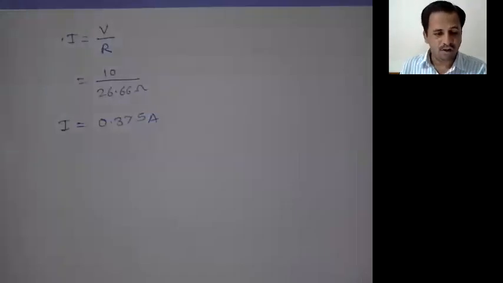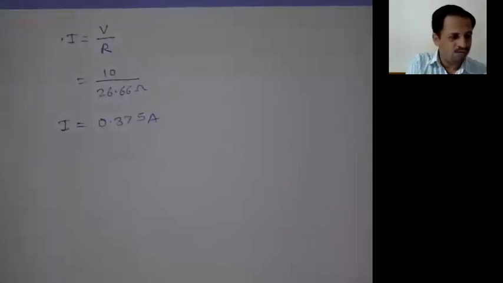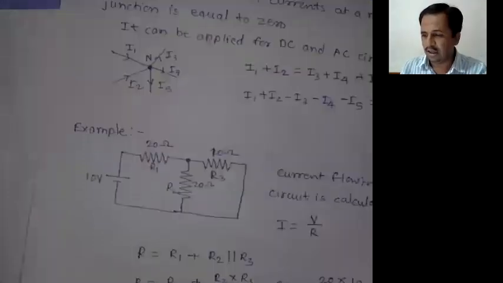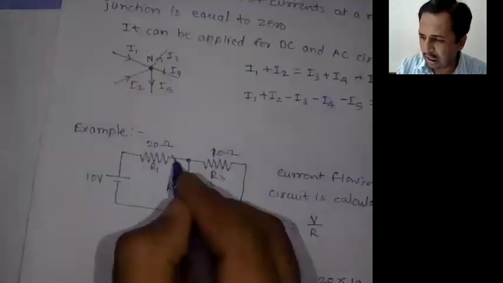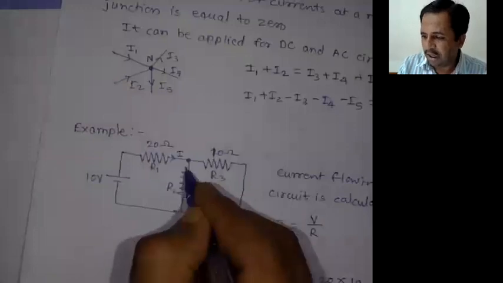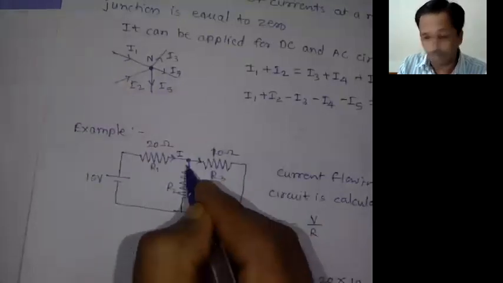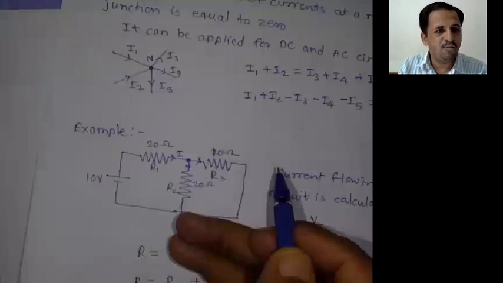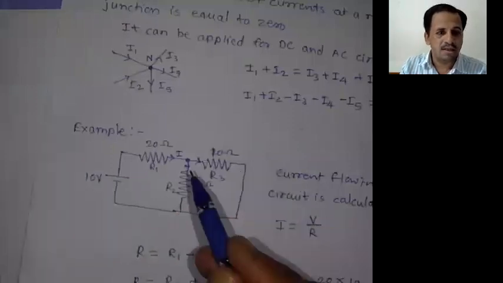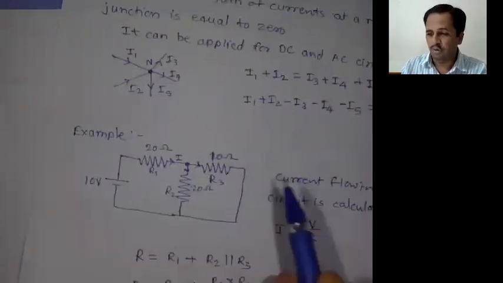Now we have to find out the current flowing through the 10 ohm resistor, that is the R3 resistor, and the current flowing through the R2 resistor. Whatever the amount of current I is here, that current is distributed in two parts. Some current flows through this 10 ohm resistor, and some flows through this 20 ohm resistor.